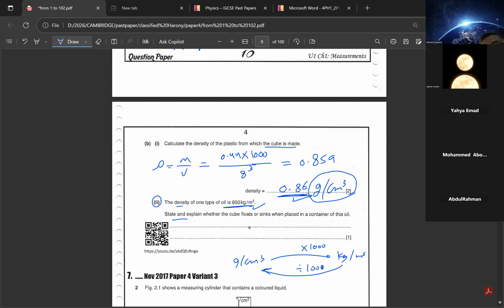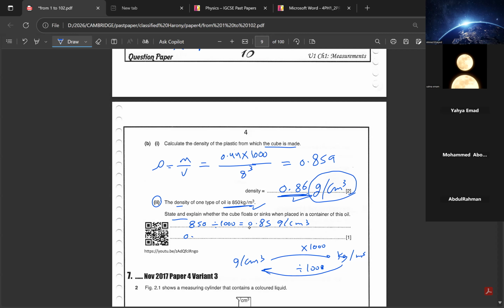Yes, it will sink because the density of the oil is 0.85 gram per centimeter cubed, and the density of the cube is higher, so it will sink. Okay, so the density of the plastic is 0.86 and the density of the oil is 0.85, so the plastic cube will sink, right? Yes.